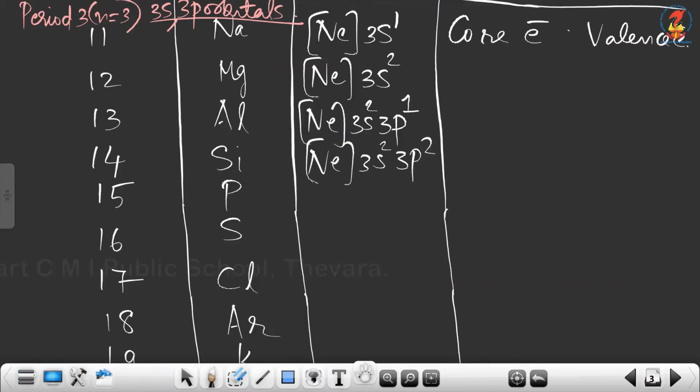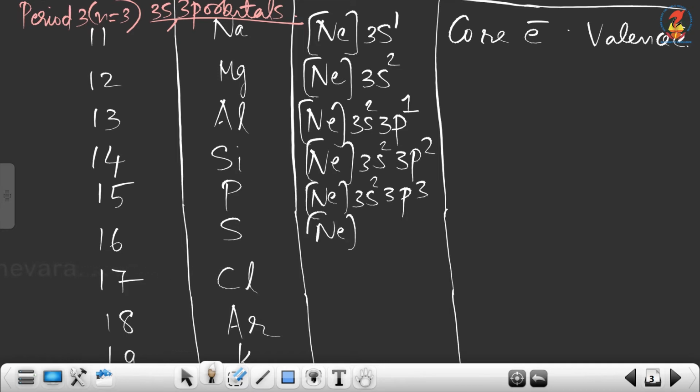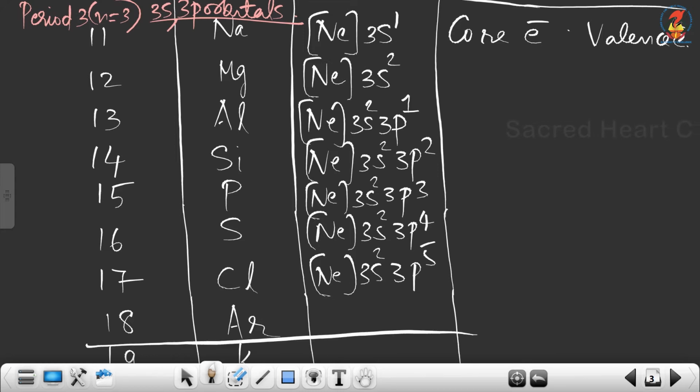Phosphorus, 15: neon 3s2 3p3. Sulfur: neon 3s2 3p4. Chlorine: neon 3s2 3p5. With argon we complete the 3p orbital: neon 3s2 3p6.